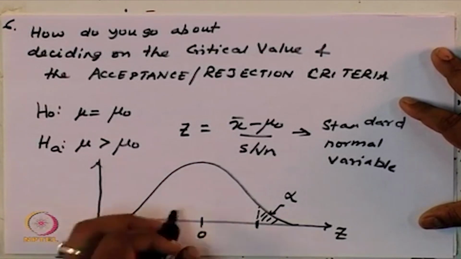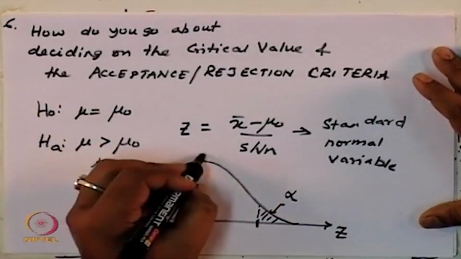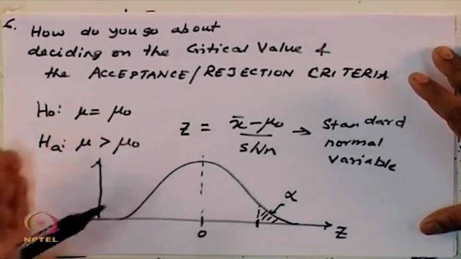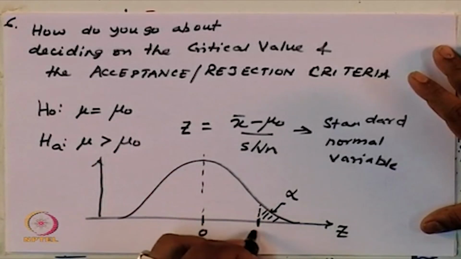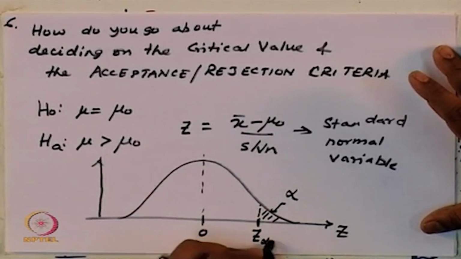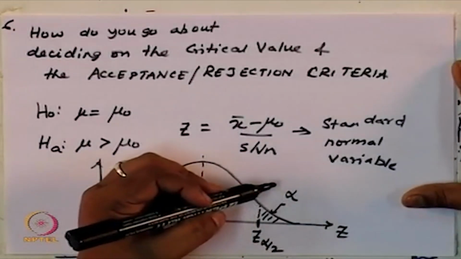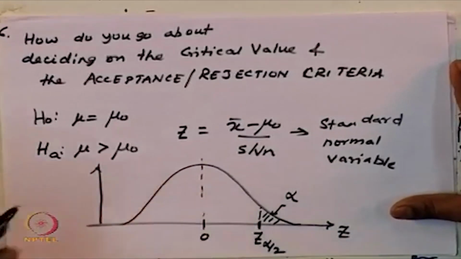In this particular case, since mu greater than mu naught is considered, this part of the curve does not even come into existence. But for this part of the curve, this alpha will stipulate a critical value of Z alpha by 2. Depending on the confidence level that we want, we can change this value of Z of alpha by 2, as we have done for our confidence intervals.